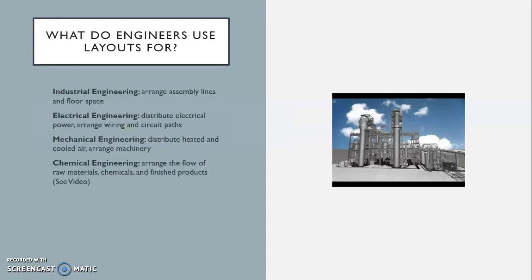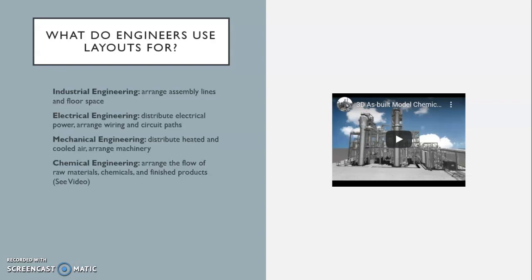Industrial engineers use layouts to arrange assembly lines and floor space. Electrical engineers use layouts to distribute electrical power, arrange wiring and circuit paths. Mechanical engineers use layouts to distribute heated and cooled air and to arrange machinery. And chemical engineers arrange the flow of raw materials, chemicals, and finished products.